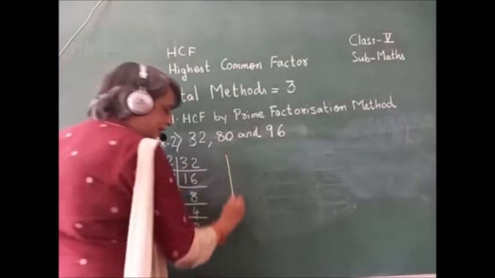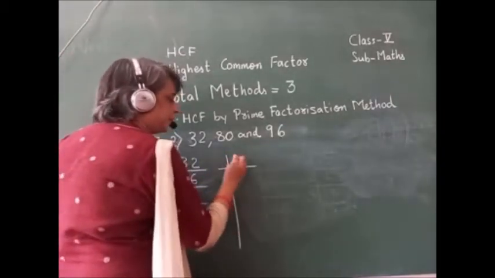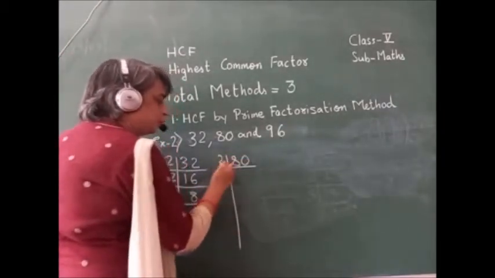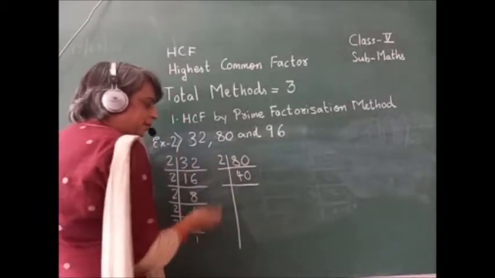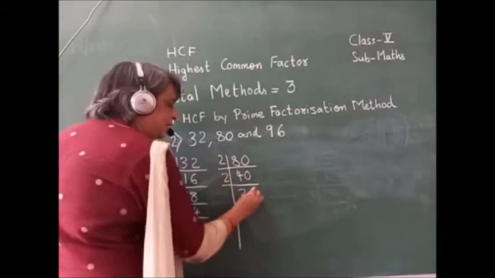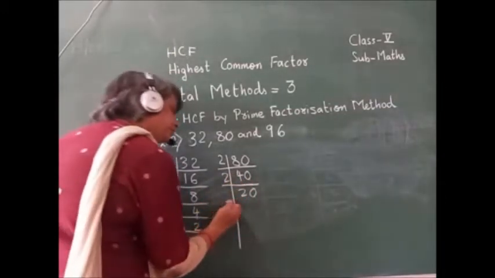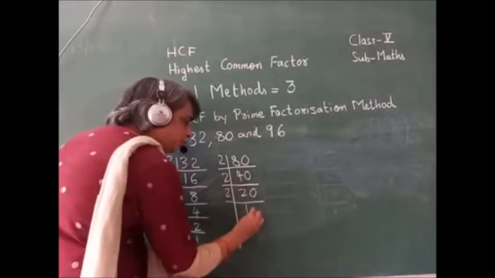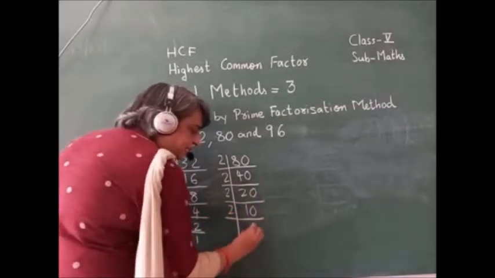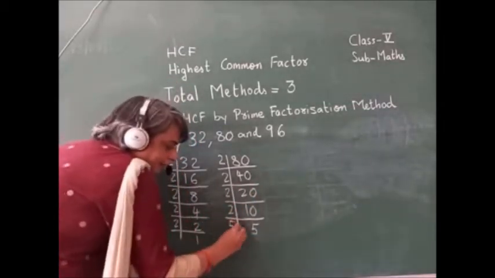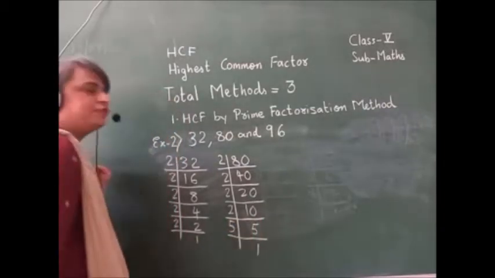Now write down here 80. 2 forties are 80, then 2 twenties are 40, 2 tens are 20, 2 fives are 10, and here 5 ones are 5.